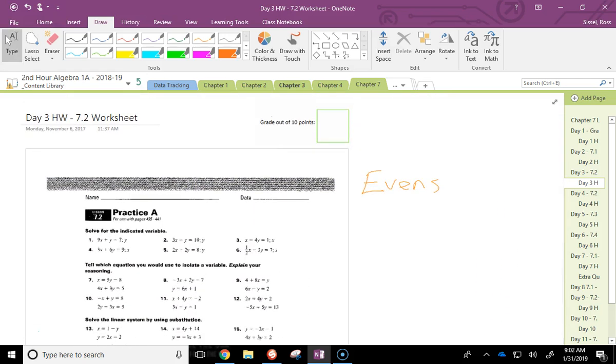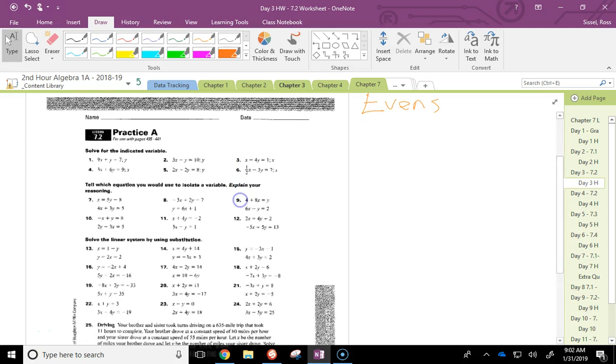If this is not enough room, can you use a separate piece of paper? Yes. Absolutely. This isn't enough room to be 100% honest with you. So I would use a separate piece of paper, show all your work. Tomorrow, we will answer this and go over the third process.